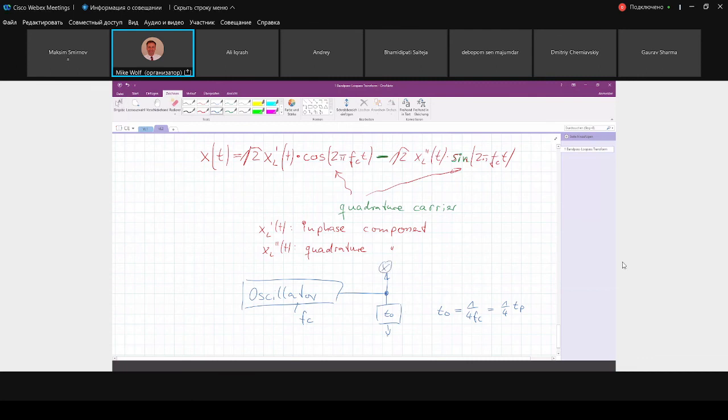By the way, nowadays we usually don't do this in one step. You first realize the whole schematic in the digital domain. So this FC is not 2.4 gigahertz, let's say it's only 100 megahertz or so.